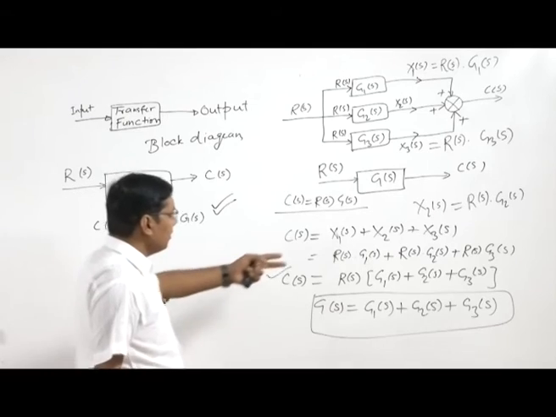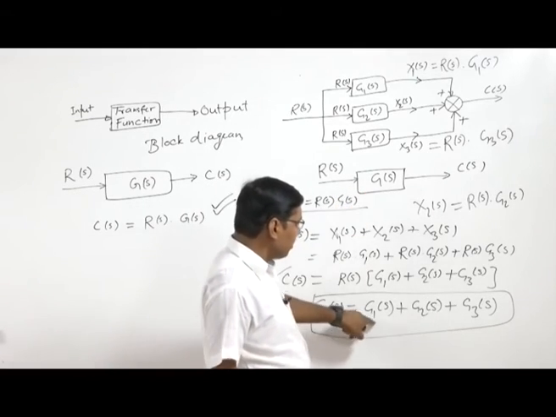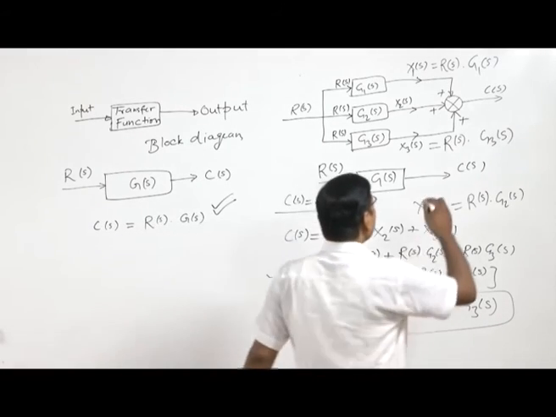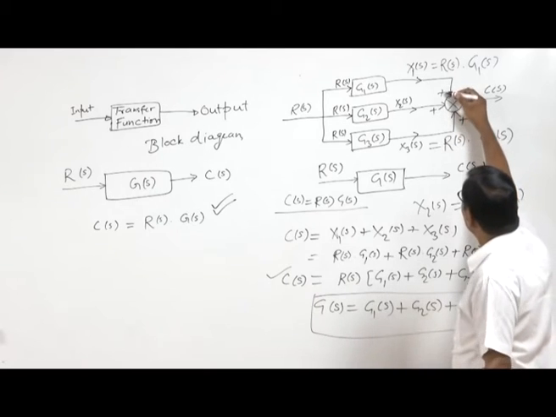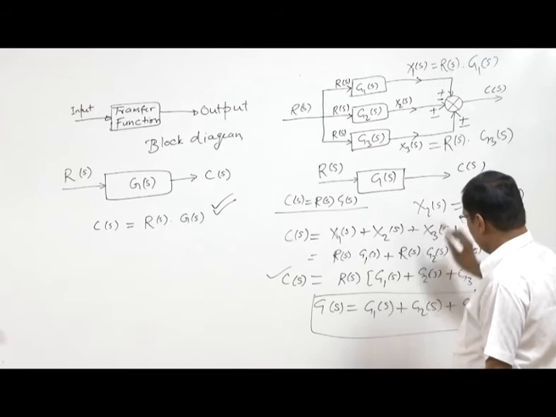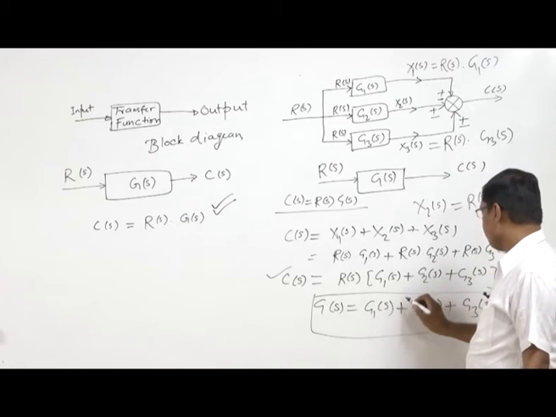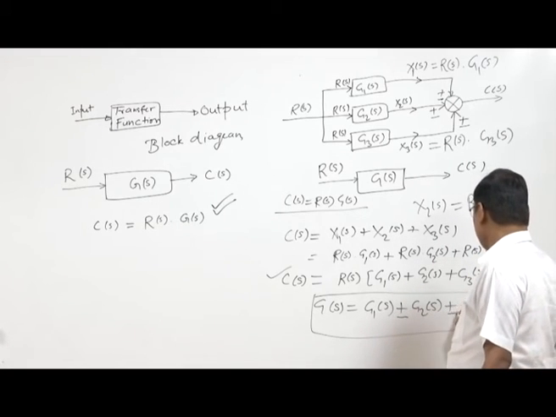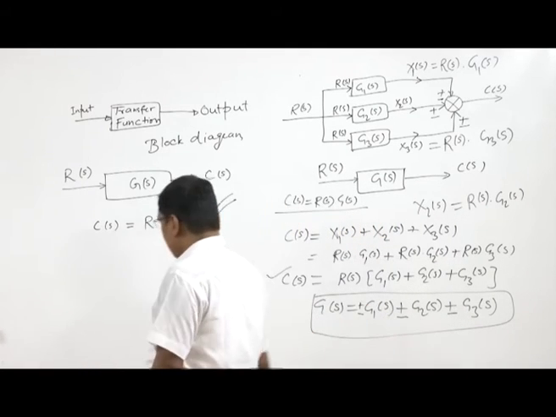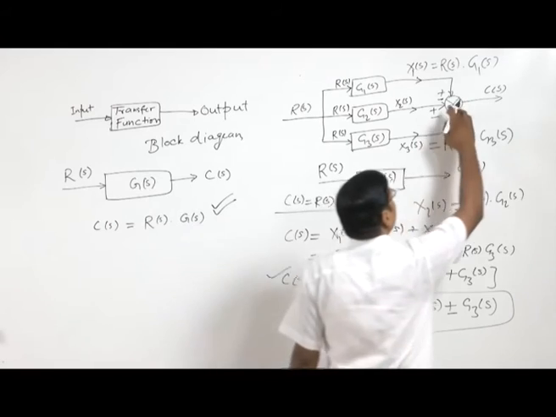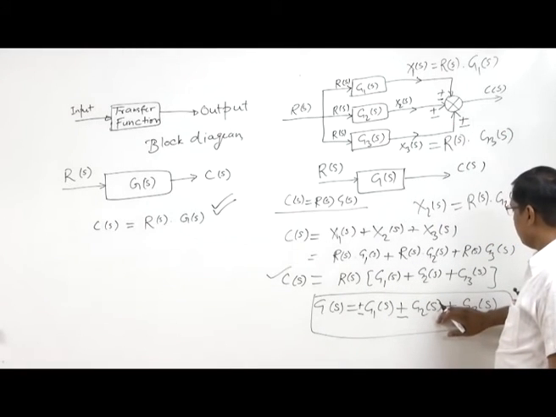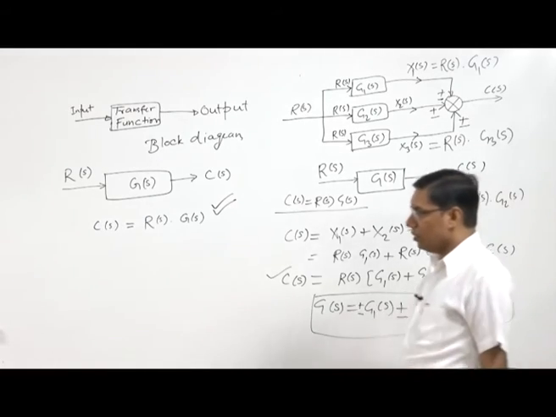So the equivalent transfer function is the summation of the individual block transfer functions. Now remember that if instead of plus there is minus, there will be minus for that block. If one is plus, then there will be plus. If minus, this will be minus.